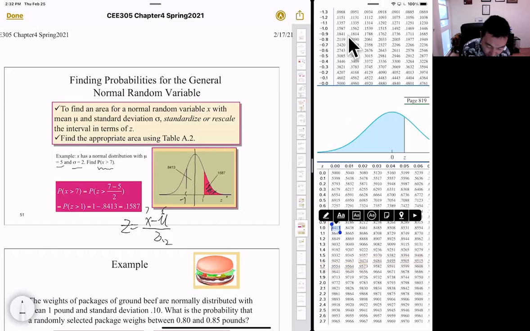So we need to use 1 minus 0.8413. I hope that makes sense to you. So the probability for x larger than 7, or for z-score larger than 1, is 15.87%.